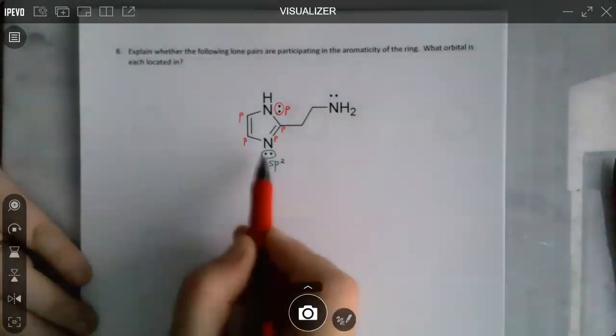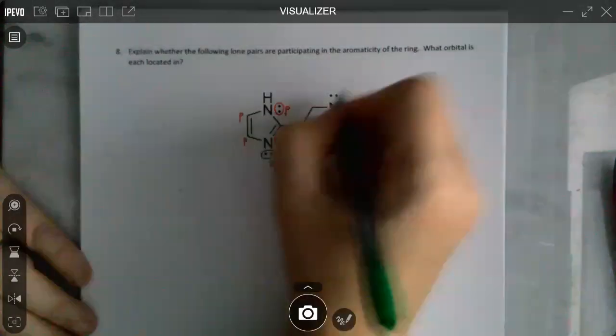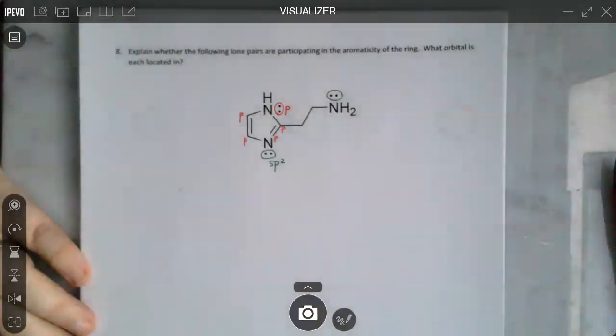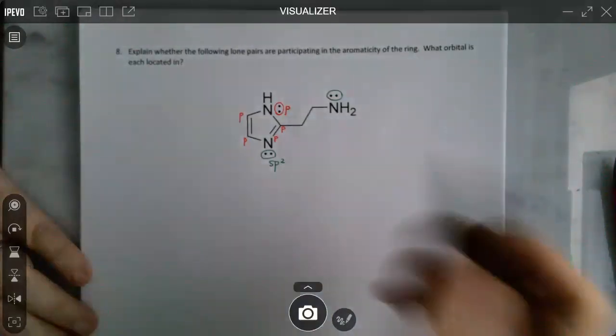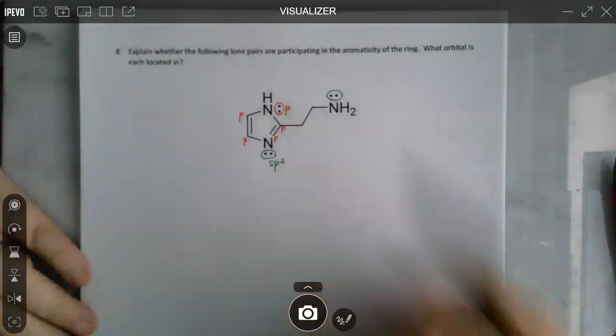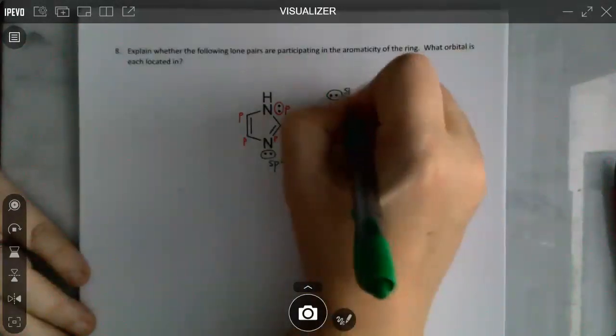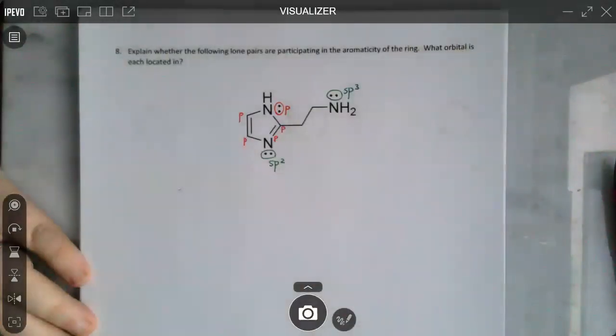This one is not participating in the aromaticity of the ring, and it's located in a hybridized orbital. This one is clearly not part of a ring, right? So it's not participating in the aromaticity of the ring. And because this nitrogen has 1 lone pair and 3 bonds, it has a steric number of 4, it's in an sp3 hybridized orbital, right?